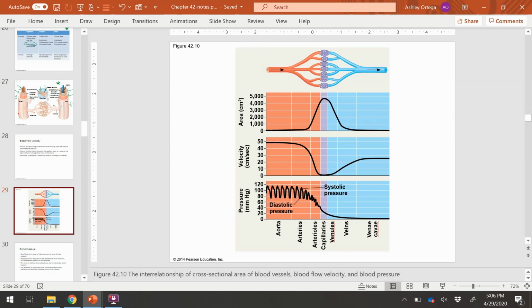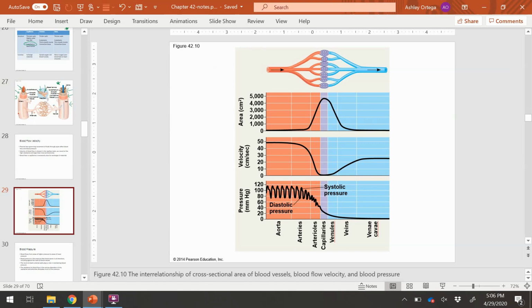Looking at pressure, it is measured in millimeters of mercury, and it has the two pressure points of the heartbeat, systolic and diastolic pressure. Systolic is when the heart is contracting, so it's higher in number than the diastolic, and they alternate. Pressure is very high throughout the aorta, the arteries, and the arterioles, and then it slows down in the capillaries, venules, and veins.